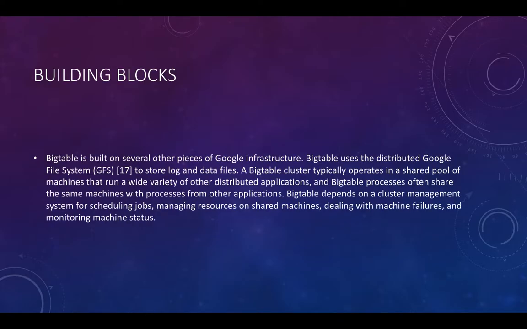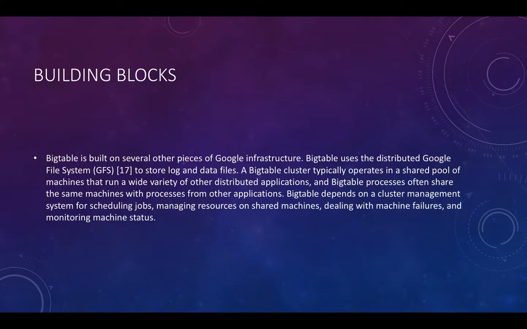So the last part I will talk about is the building blocks. Bigtable is built on several other pieces of Google infrastructure. Bigtable uses the distributed Google File System to store log and data files. A Bigtable cluster typically operates in a shared pool of machines that run a wide variety of other distributed applications, and Bigtable processes often share the same machines with processes from other applications.